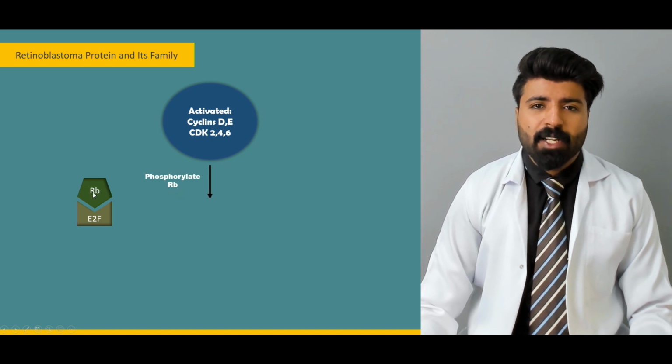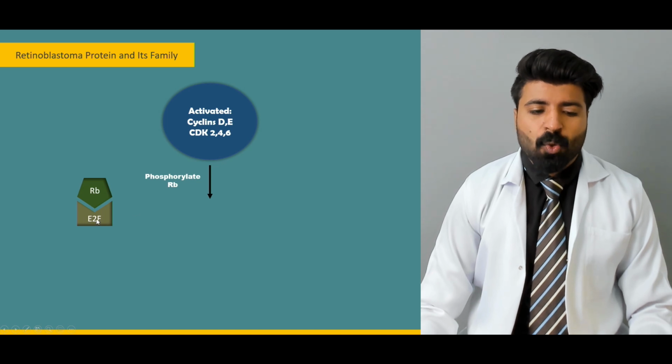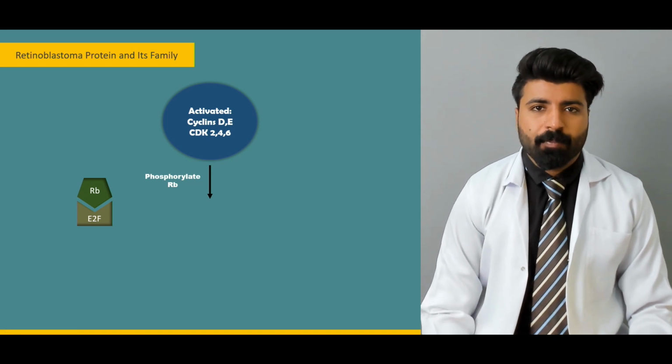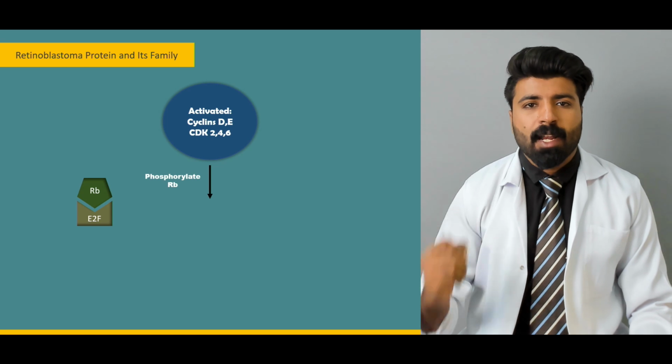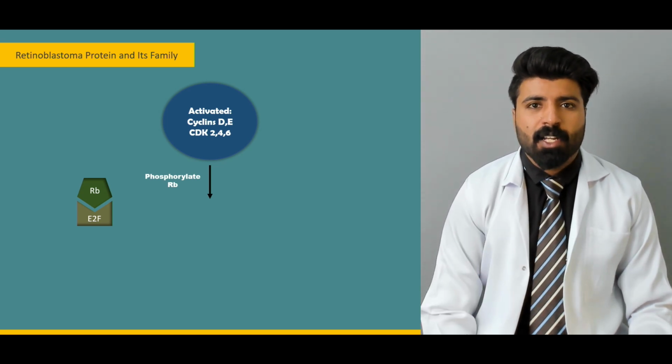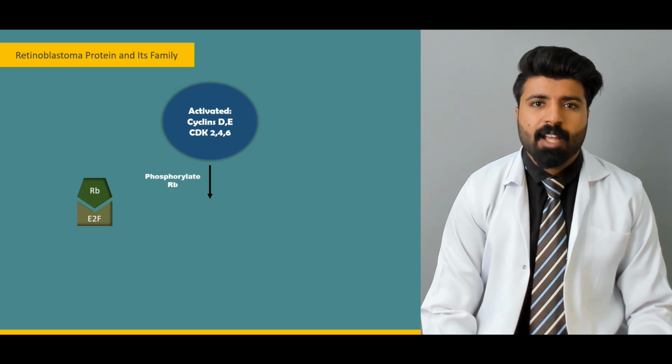When they phosphorylate it, it lets go of the E2F. Normally, retinoblastoma is hypophosphorylated, which means less phosphate groups are attached.